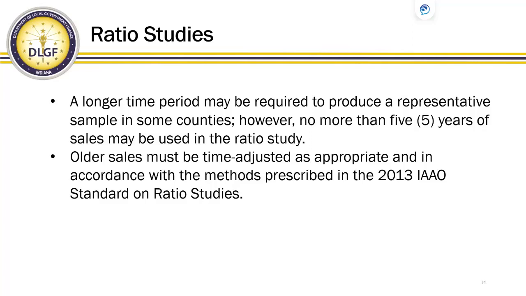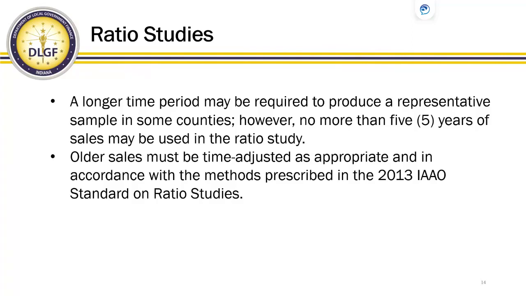The question is, how do I time adjust the sale, or what is the amount? There's no set guideline that specifies a certain percentage or a certain amount. I think most assessors, if they're looking at time adjusting their sales, will look at the inflation rate or the consumer price index, the CPI, and use that as a guideline.